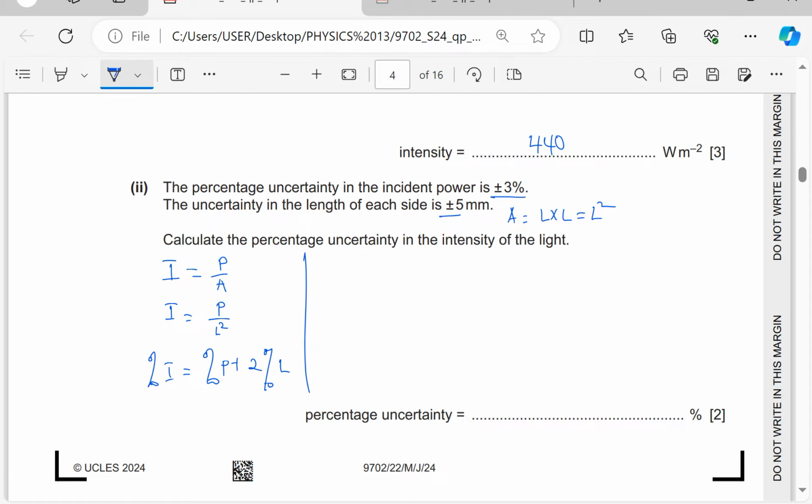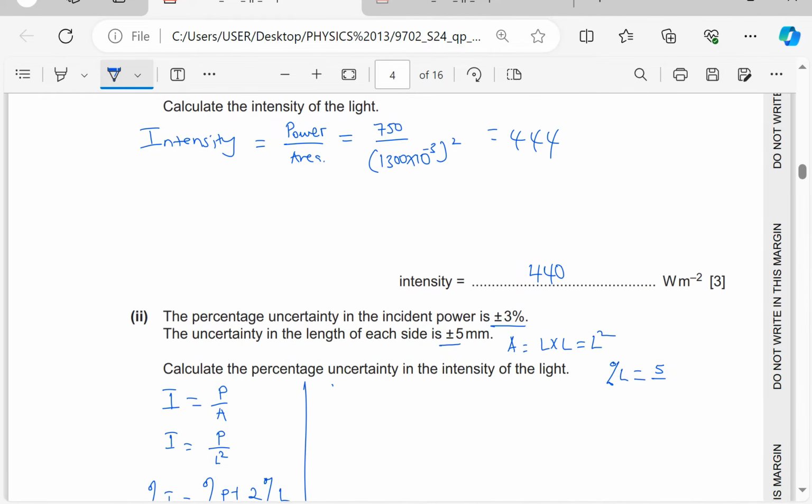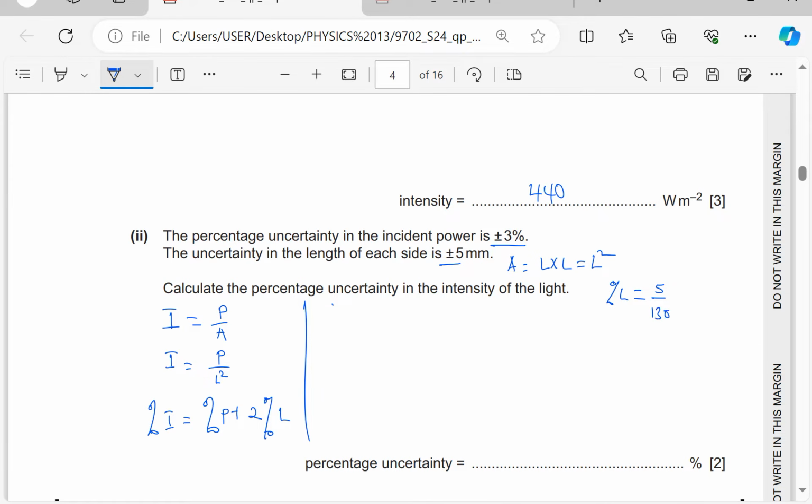The percentage uncertainty in L alone is going to be 5 divided by the value of one side, 1,300.